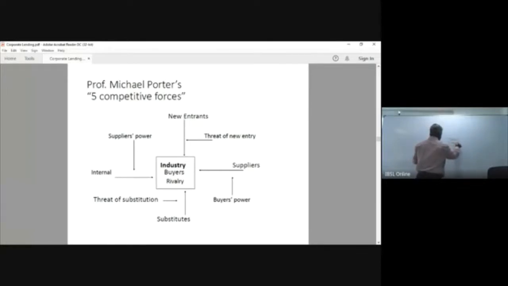What is that? In the industry, there are companies operating. Among themselves, there is rivalry. They call it internal rivalry. It is one force, the competition.